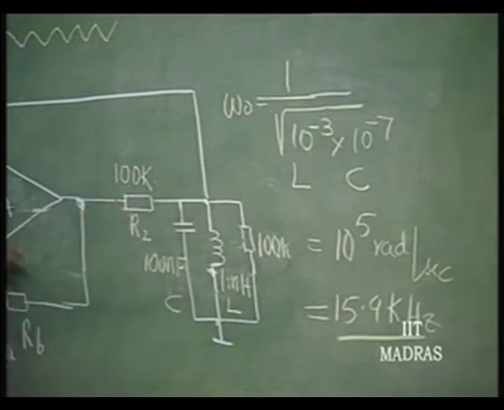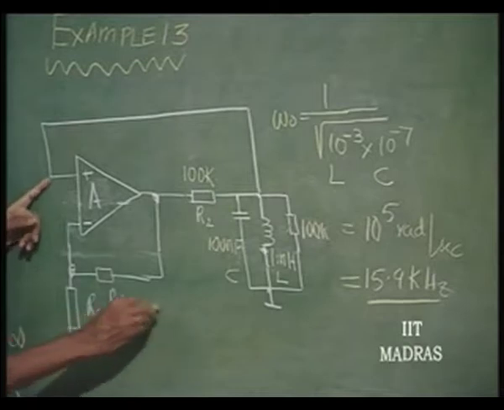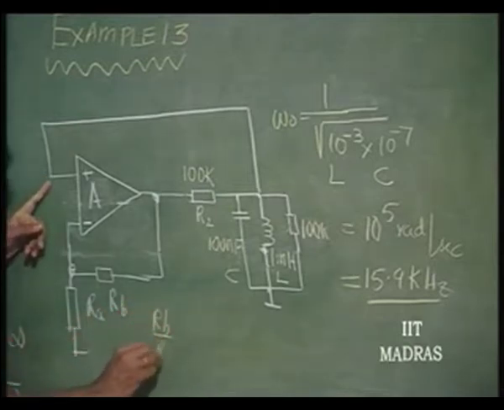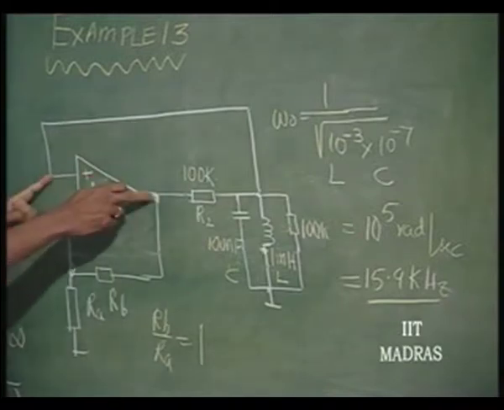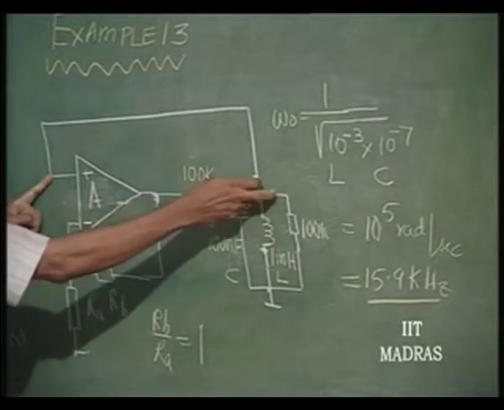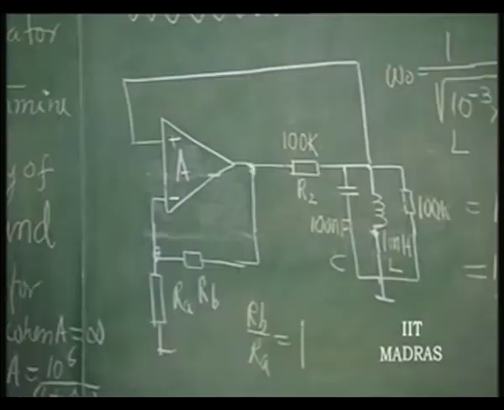So, half. So, output voltage will be the same as input voltage. If I make RB by RA equal to 1, then the gain is going to be 2 from here. So, attenuation half. So, this is the condition for oscillation.